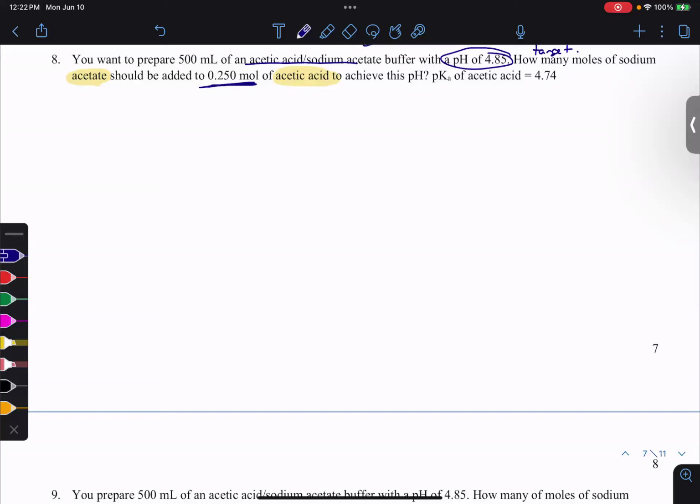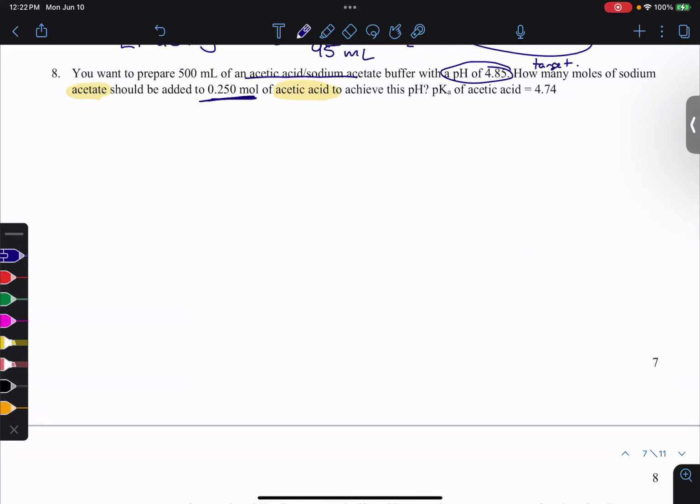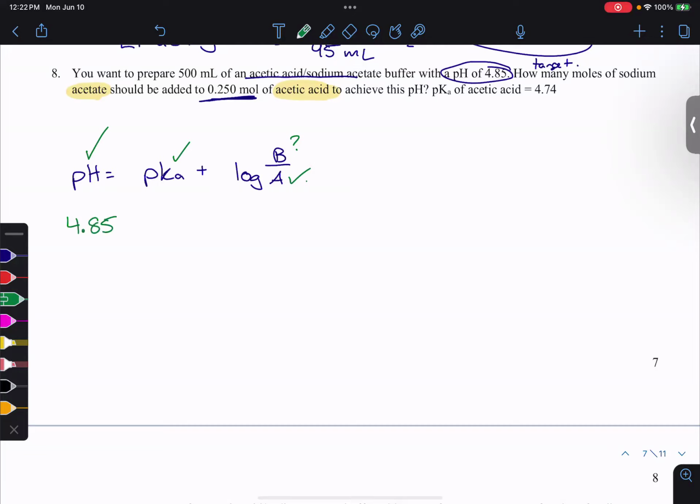So the idea here is I give you that target pH. So let me just write pH equals pKa plus log base over acid. I tell you the amount of acid you start with. We know the pKa, we know the pH. We're solving for how much base you have to add. So simply 4.85 equals the pKa, 4.74 plus log.